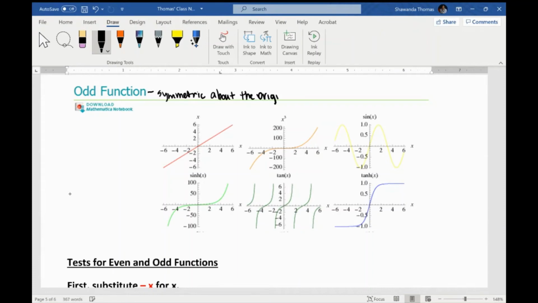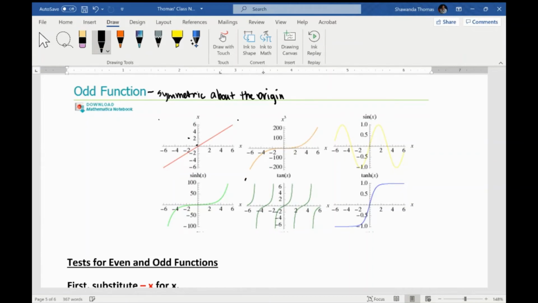Or symmetric to the origin. So really, you need to flip this part over here, and then also flip it again down here. So over the y and the x. So you can take half of it like this, flip it over here, and then flip it across the x-axis. So that's a little bit more involved.